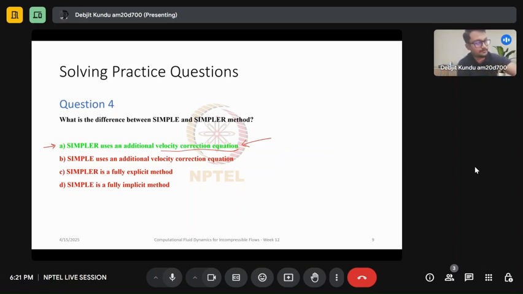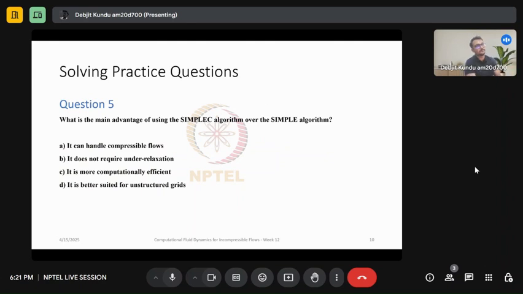Okay, so moving on to question number 5, which is asking us what is the main advantage of using the SIMPLEC algorithm, being SIMPLE corrected, over the SIMPLE algorithm. Is it option A, that it can handle compressible flows? Option B, that it does not require under-relaxation?